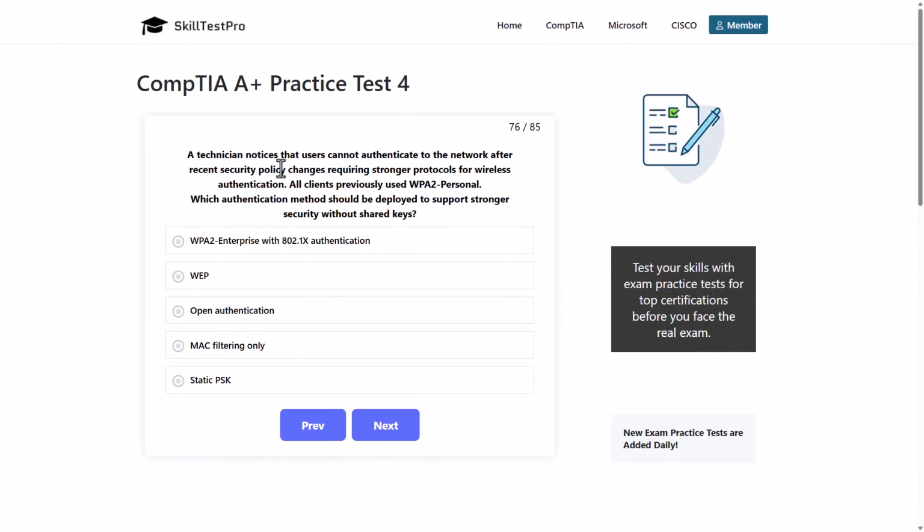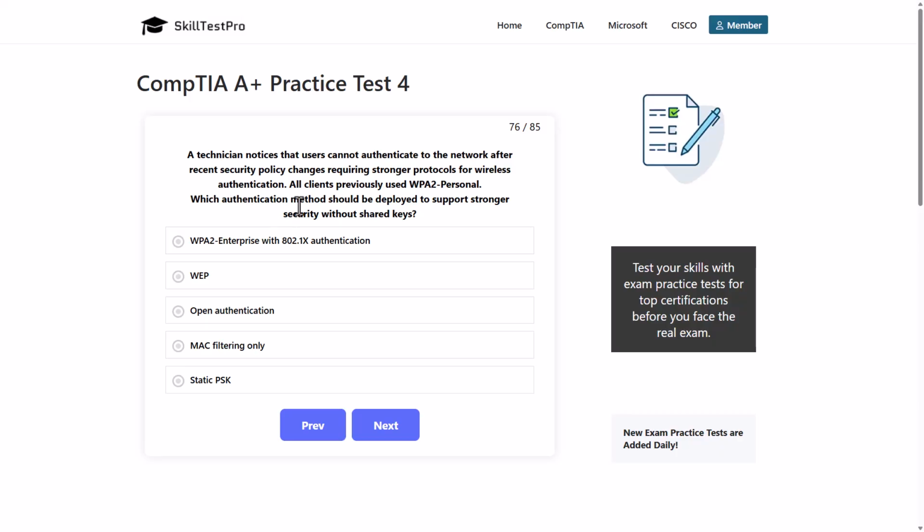A technician notices that a user cannot authenticate to the network after recent security policy changes requiring stronger protocols for wireless authentication. All clients previously used WEP or WPA2-Personal.